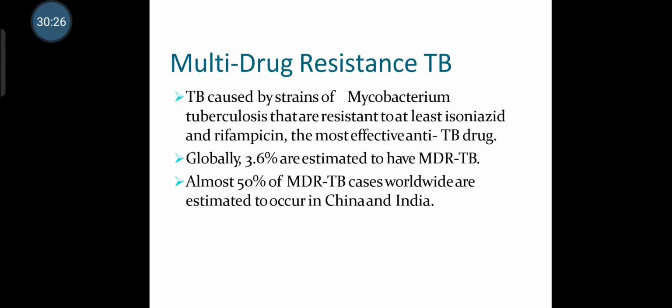The mycobacterium produces resistance towards those drugs, wherein multiple drugs are involved. It is caused by strains of Mycobacterium tuberculosis that are resistant to at least isoniazid and rifampicin. Sometimes they become resistant, so even if the dose of isoniazid and rifampicin is enhanced, they won't get killed.